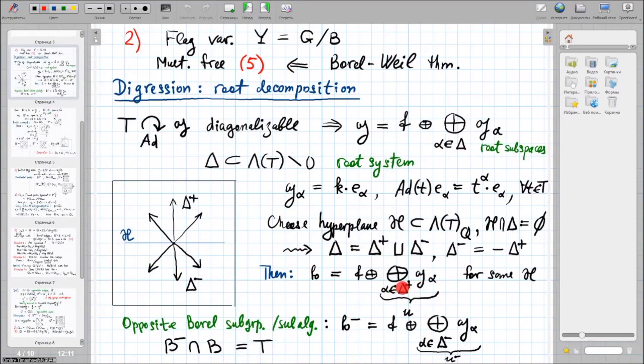Exactly. The correct formulation is that the delta plus part can be chosen in such a way. Okay. So what is your question? No question. I just want to make sure.